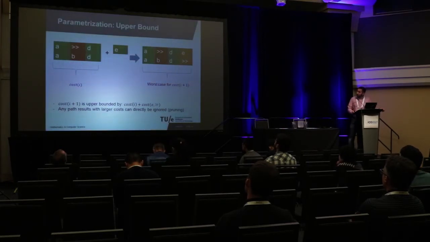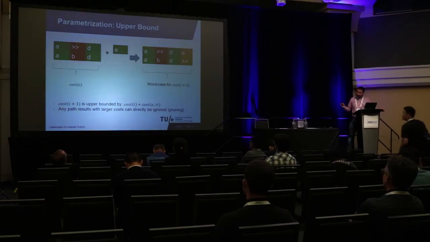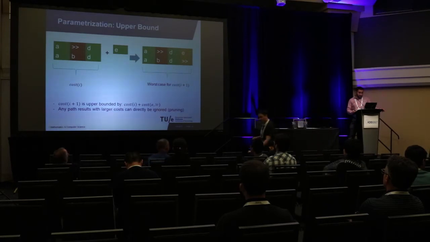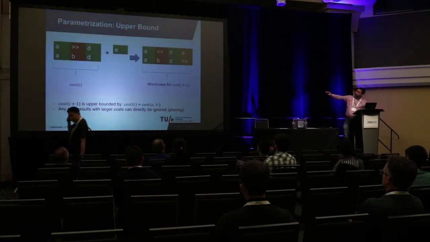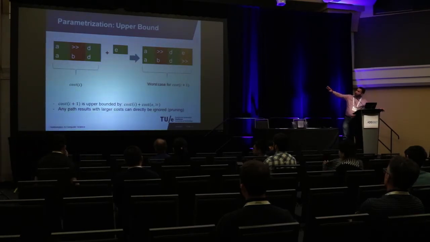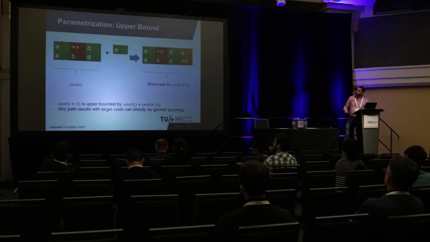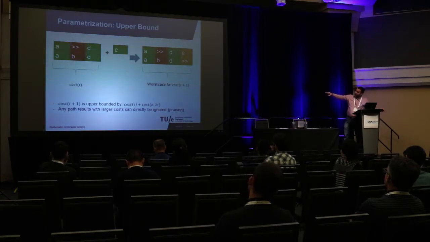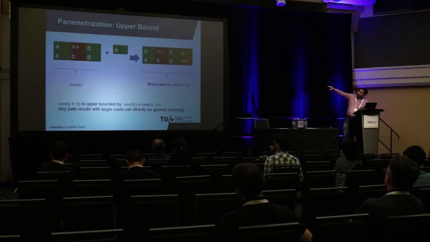Here we make use of the fact that if the cost at timestamp I was something which we have there now, so it was one red column, and we received an E after that, then the worst case for the cost of I plus 1 is adding this skip.